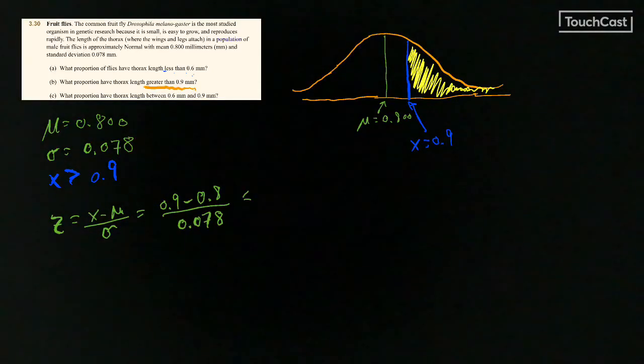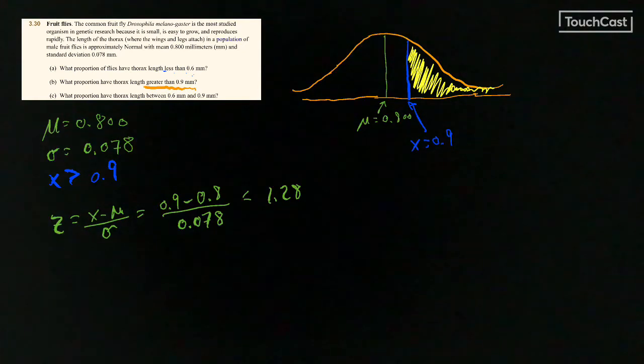And if we do the math on that, and I'm doing it real time here, 0.9 minus 0.8 should be a positive number, so it's 0.1 divided by 0.078. And we get 1.28 is our number.